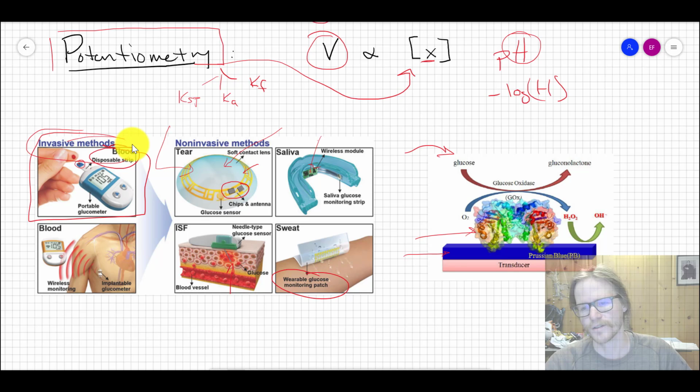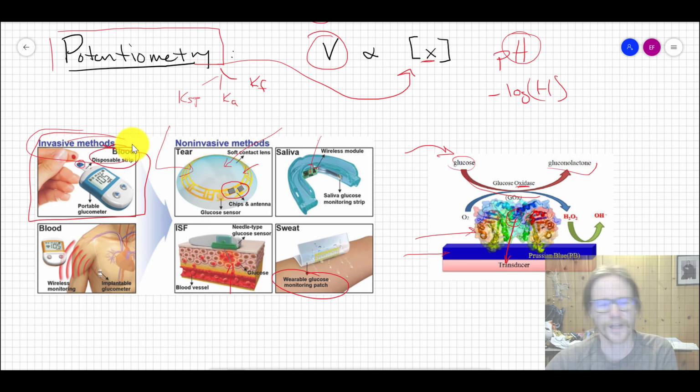And then when glucose is in the solution, the glucose oxidase will automatically oxidize, that's its name, glucose oxidase, it'll oxidize the glucose into gluconolactone, and then that electron gets shuttled inside the enzyme to the electrode itself.